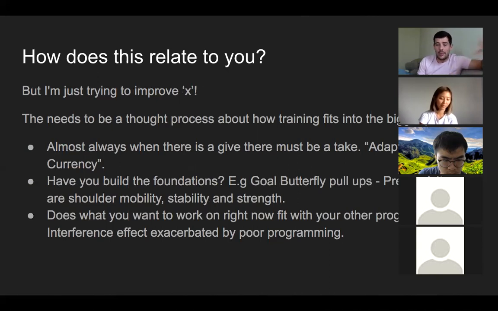A marathon runner training for a marathon is not going to be able to get really, really strong at the same time, because the amount of volume they're doing of endurance work gets in the way of their ability to get strong. And someone who's looking to be the world's strongest man is not going to train for a marathon. But there is certainly a balance in the middle, where you can improve both at the same time, but you just need to be very well balanced with your programming, your recovery, nutrition, etc.